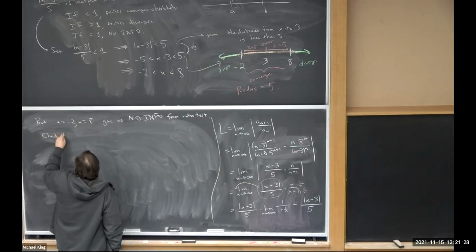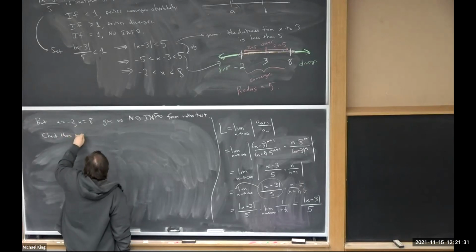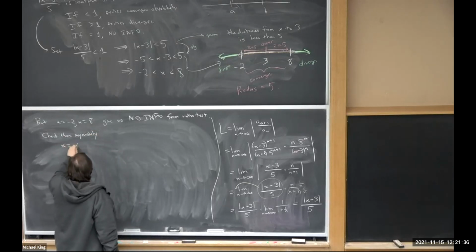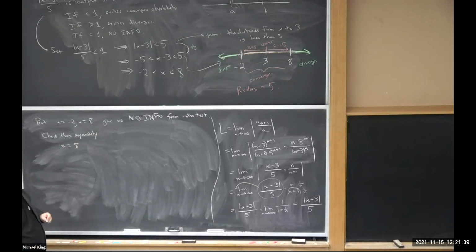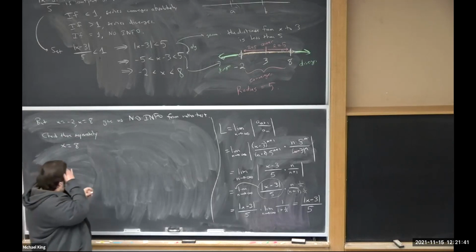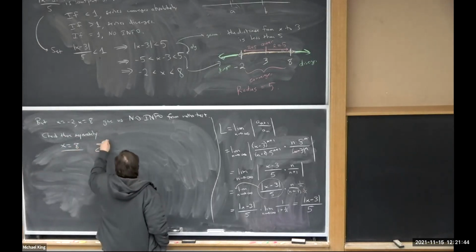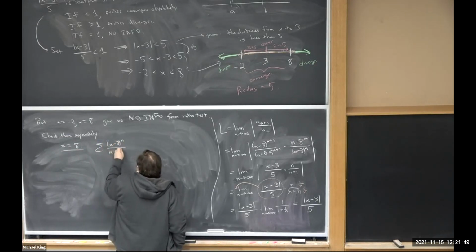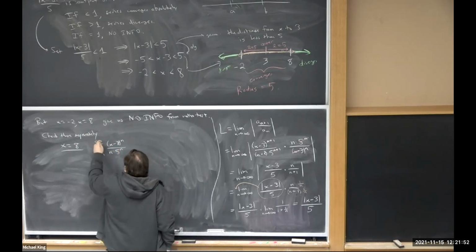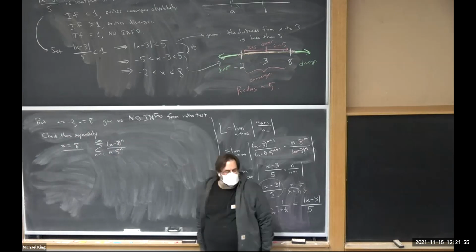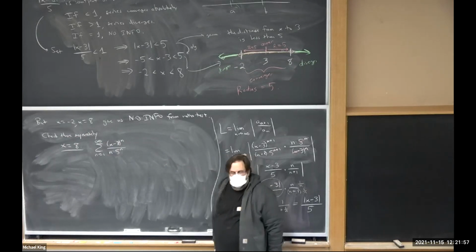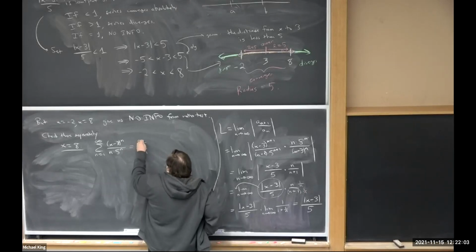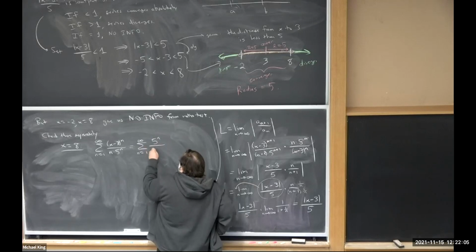And that's kind of interesting because you actually can see what happens here. There is something that the ratio test doesn't tell you. So let's try x equals 8, for example. I've now erased the original problem, but we have the sum of (x minus 3) to the n over n times 5 to the n. And if we plug in 8, you get 5 to the n over n times 5 to the n.